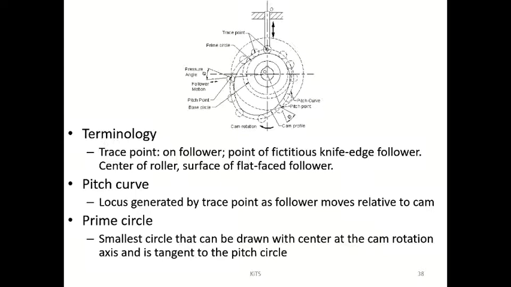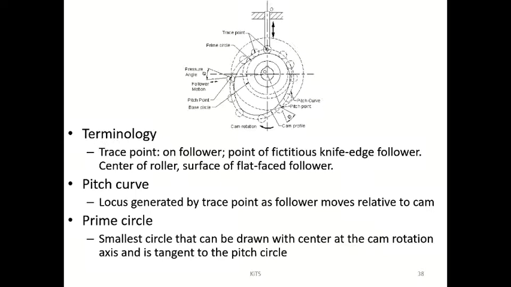See, if you are going to a shop to buy a bolt and nut, what will you say? You have to describe it. You have to tell the dimension, how much length, the material, and all those things. Similarly, while telling about a cam, we have to describe it.